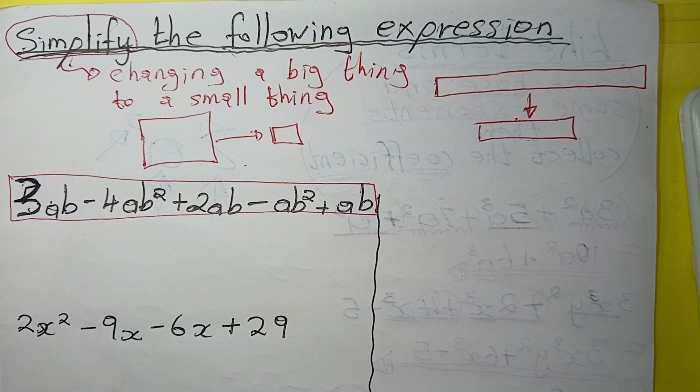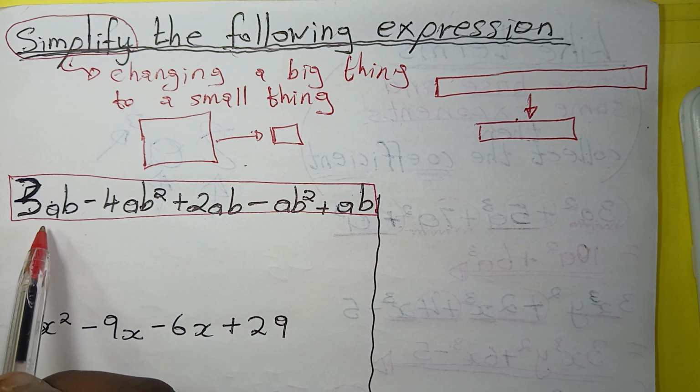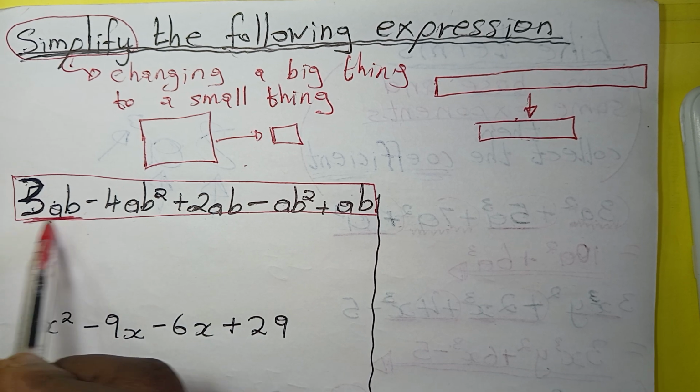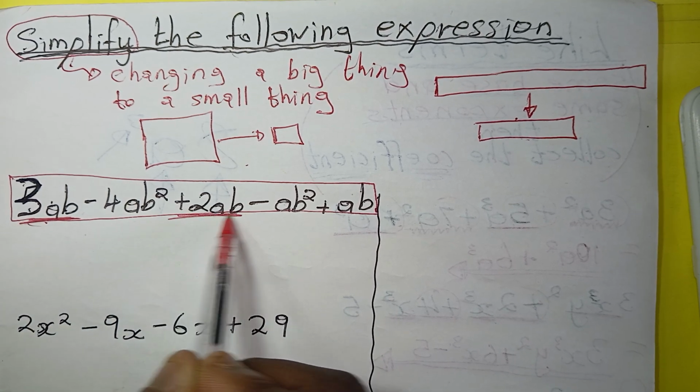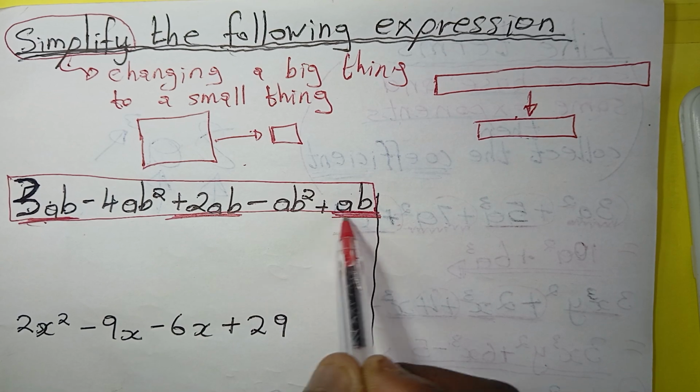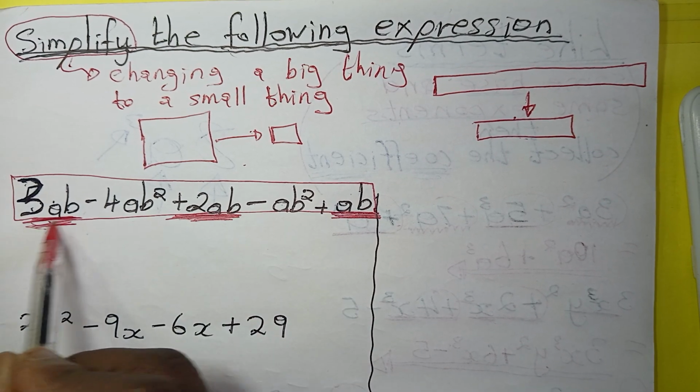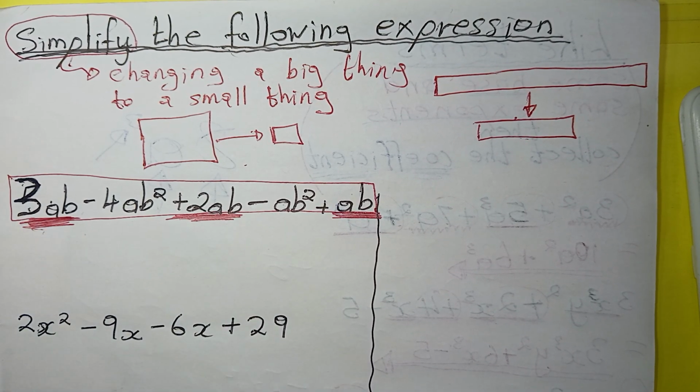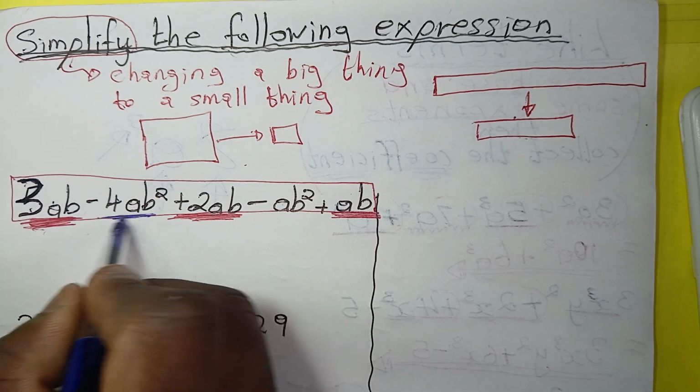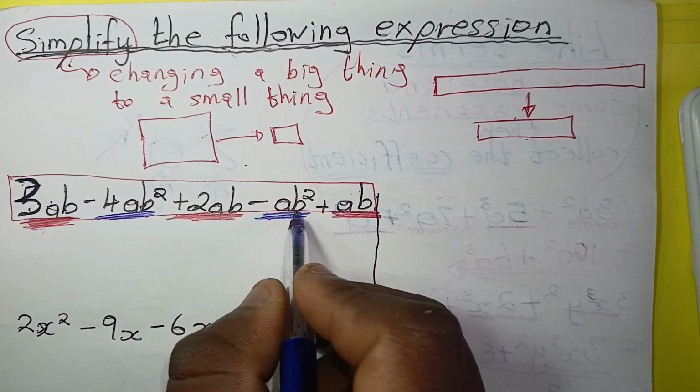I already taught you how to collect like terms. So here you can collect like terms, because you can see that this is the like term of this, and also this one. All these ones are like terms. And also this is the like term of this one.